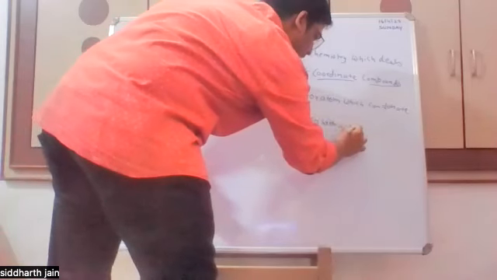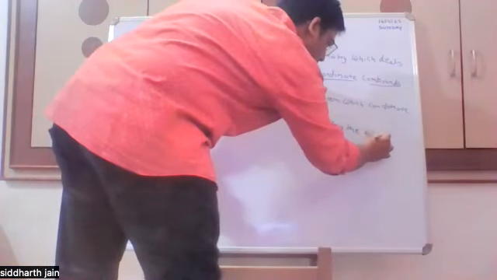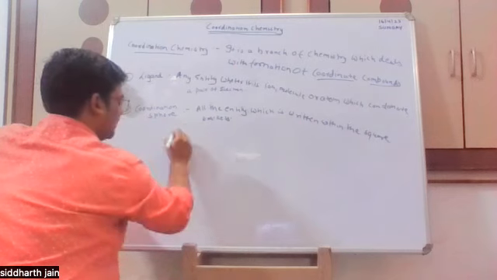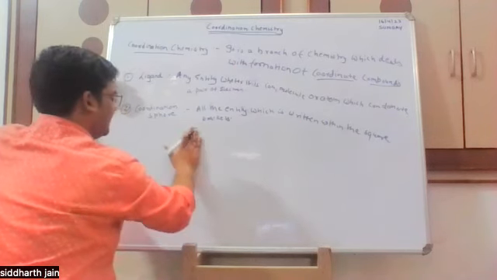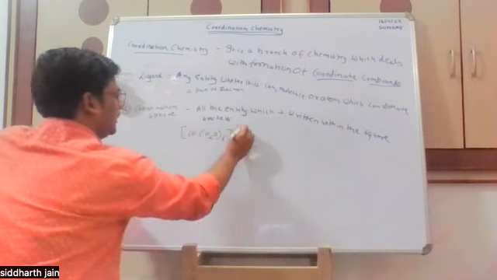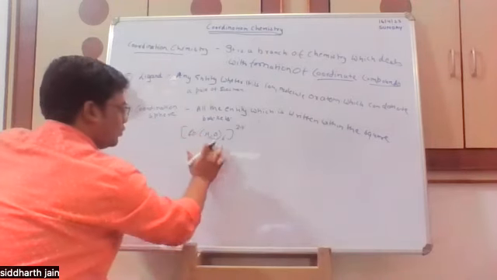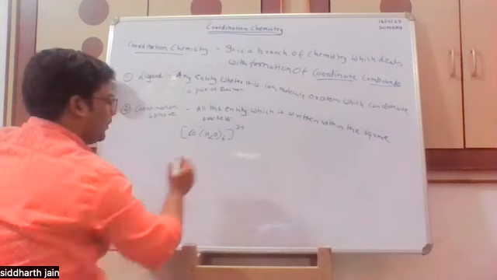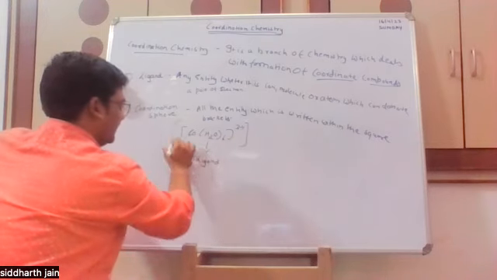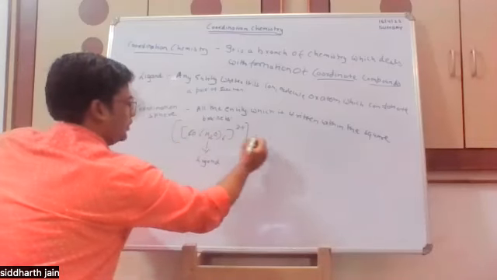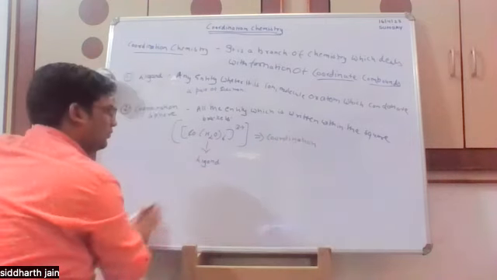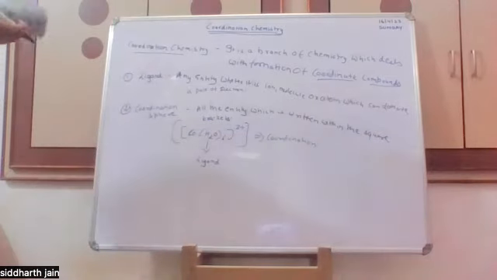For example, let's take a different example, cobalt. The H2O here, which is donating 2 electrons to the cobalt, is acting as a ligand. And all the entities written in this square bracket, the cobalt and H2O whole cell, are called the coordination sphere. So these are some important terms which we should know.